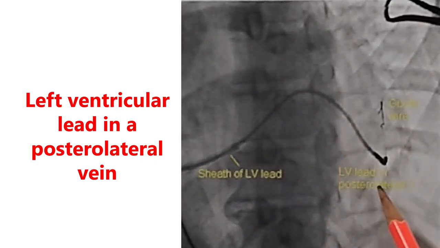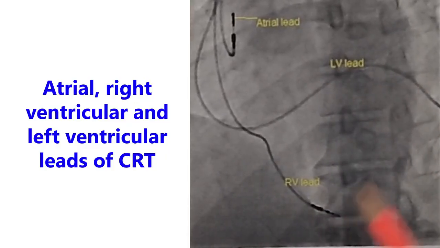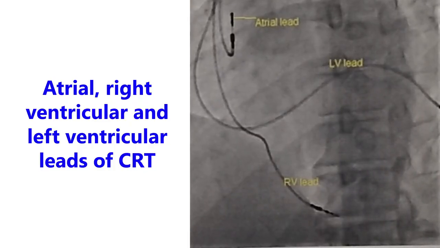Here you can see that the left ventricular lead is in a posterolateral vein, and beyond that you can see the guide wire. This is a left ventricular pacing lead for cardiac resynchronization therapy. After accurate positioning of the left ventricular lead and checking the pacing thresholds, the guide wire will be removed.